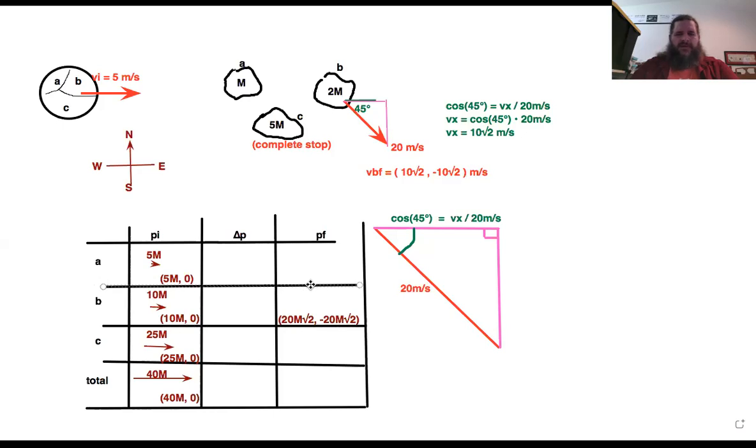And we can also write it in terms of magnitude, because if you look at this in terms of its magnitude, the magnitude of velocity was 20 meters per second. If you multiply that vector by 2m, what happens to it in terms of magnitude and direction? If you take any vector and multiply by a scalar, what happens to the magnitude and what happens to the direction?